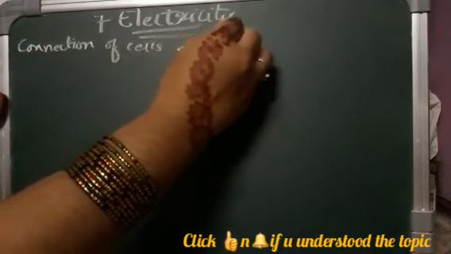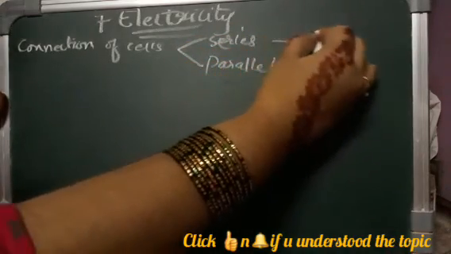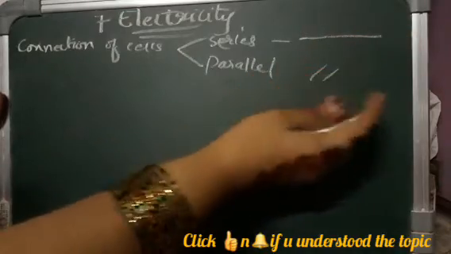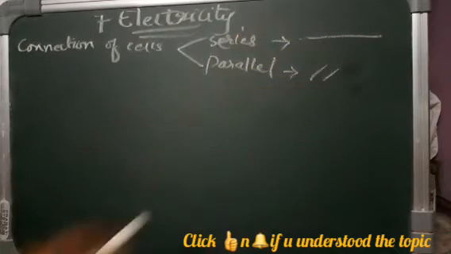First is series and the second one is parallel. Series means, children, in one straight line, and parallel means one against the other. It can be connected either in one straight line or in parallel.